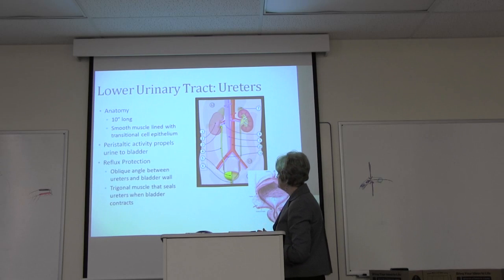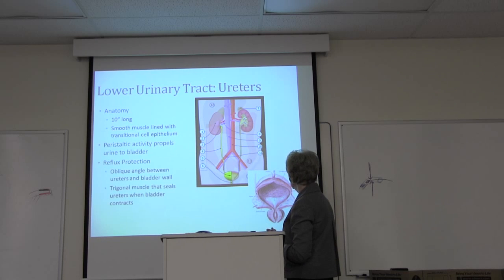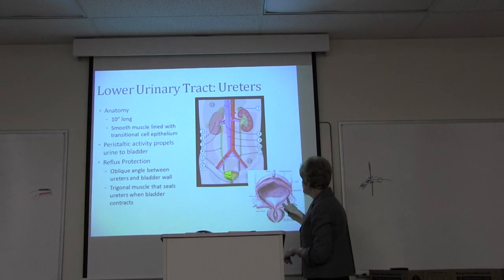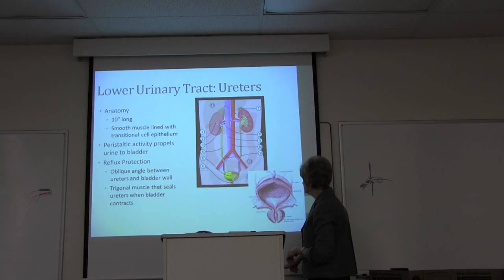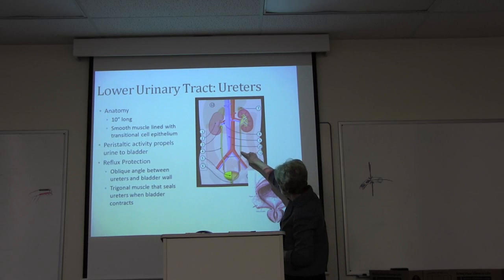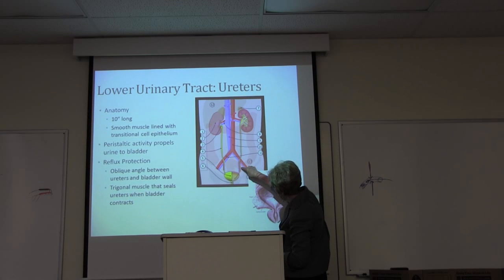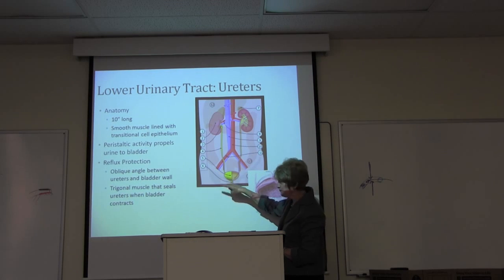Now, the last thing that I wanted to go over in relation to the bladder that's really important at this point is the fact that you have an anti-reflux mechanism. I want you to notice that the ureters actually enter the bladder at the base, not at the top.